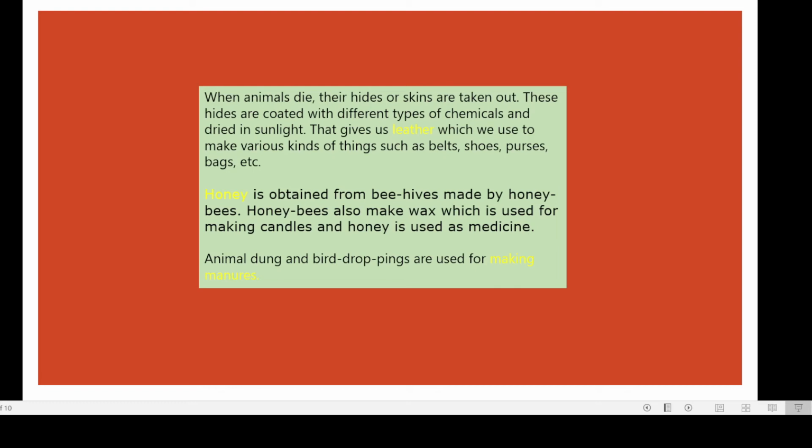From this leather, various useful things are made, for example, belts, shoes, purses, bags, leather jackets, etc. Honey is obtained from beehives made by honey bees, and this honey is extremely useful and used as medicine. Animal dung and bird droppings are used for making manures.